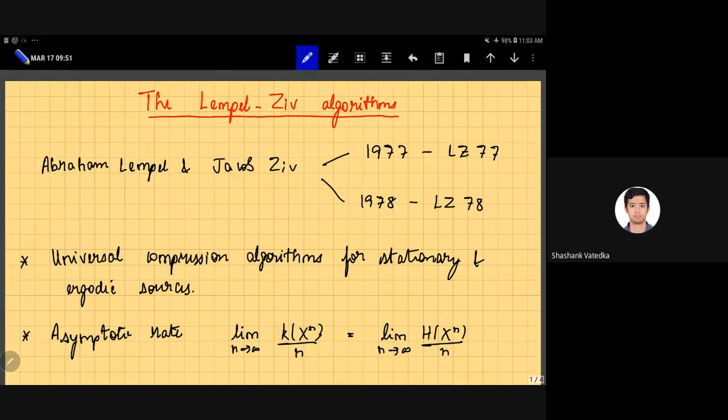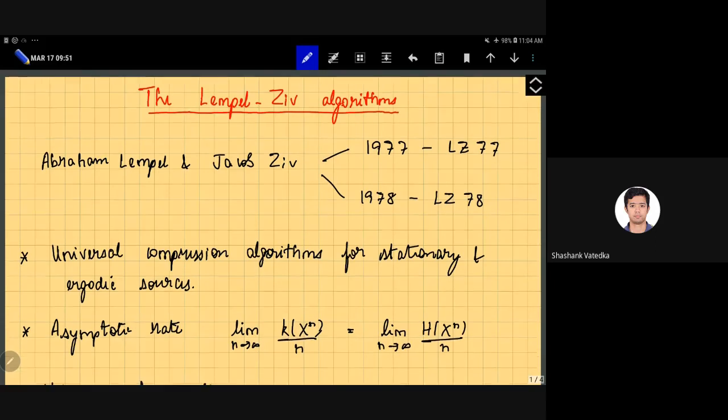We started with the Shannon code, and then we saw the Shannon-Fano code and Huffman code, and then we saw that if you want to do blockwise encoding, then these codes are not really efficient in the sense that the Huffman code would still achieve a rate close to entropy, but blockwise encoding is computationally very intensive. So I introduced arithmetic coding as an approach to have reduced encoding and decoding complexity, but the rate is still close to the entropy.